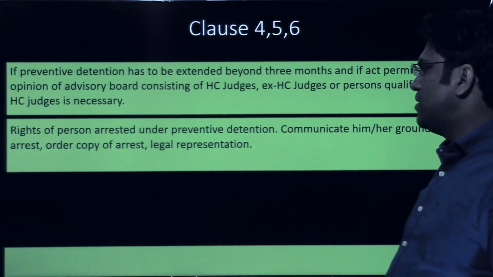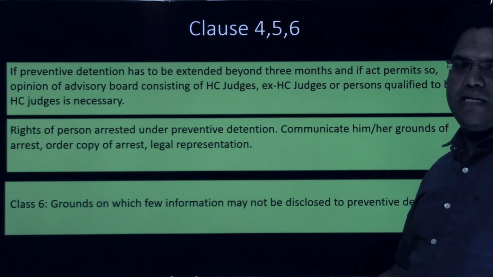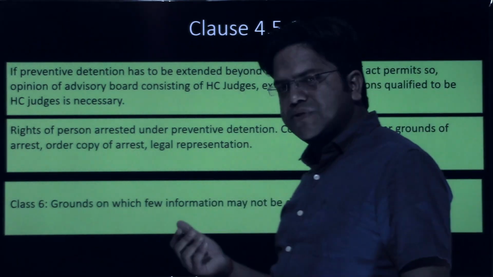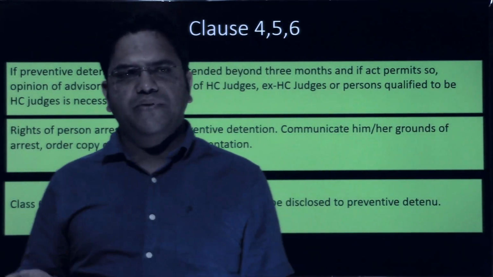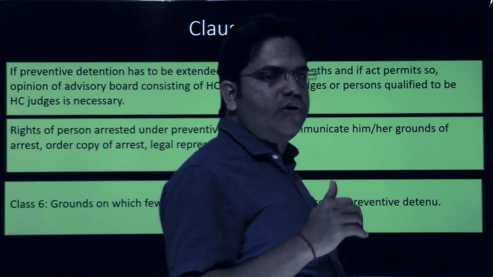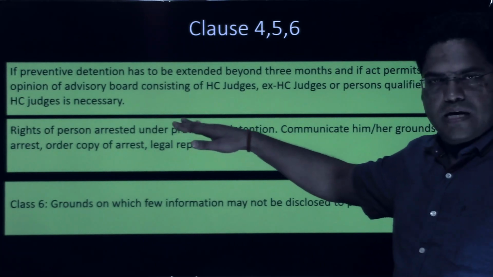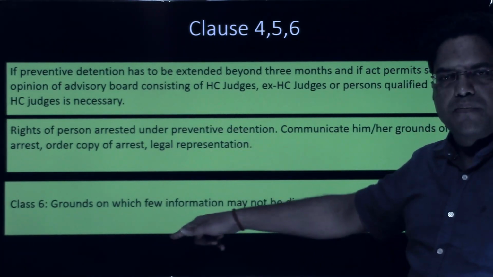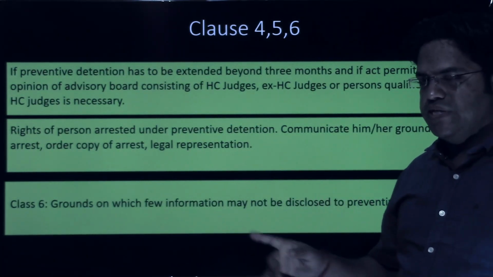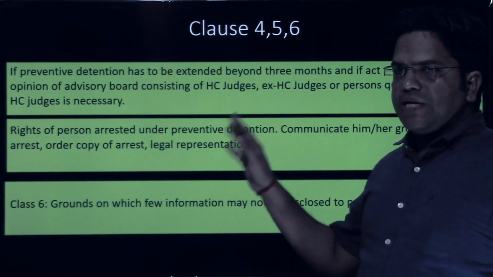Let us get into clause 6, which reads that there are certain grounds, when it comes to security of state or defense, on which the information and rights mentioned in clause 5 cannot be provided to those arrested under preventive detention.